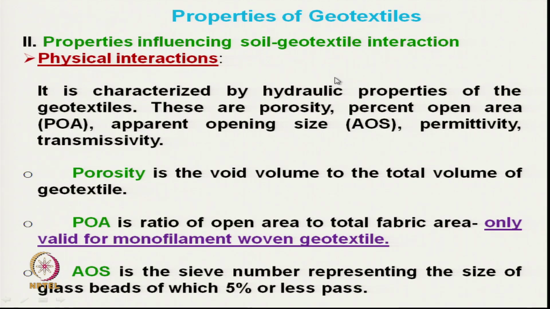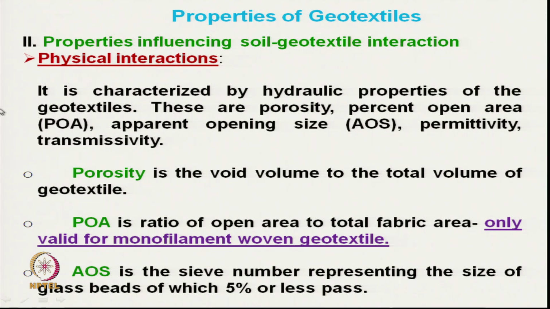Another parameter related to soil geotextile interaction is a physical interaction, where the hydraulic properties are affected. These are percent open area, POA, apparent opening size, permittivity, transmissivity.